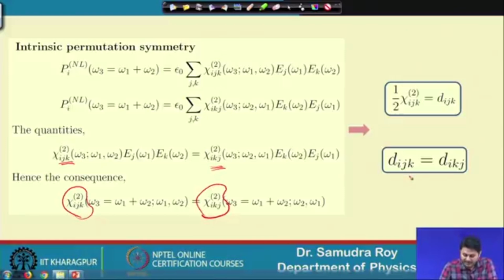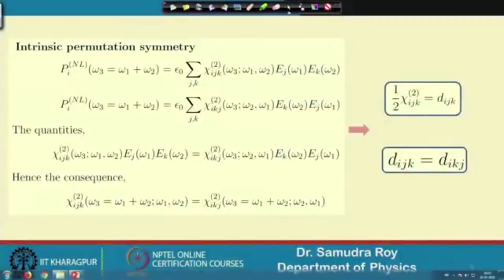So, I can interchange these two things. Now, if ijk and ikj are the same due to this intrinsic permutation symmetry, then the D matrix, which has 27 elements, can significantly reduce to 18 elements.